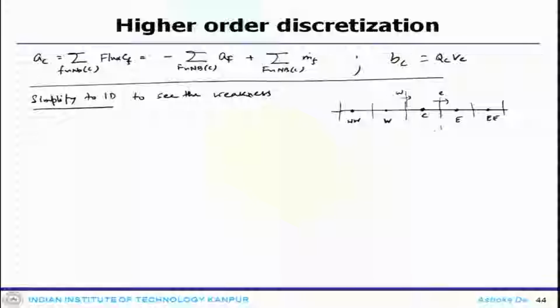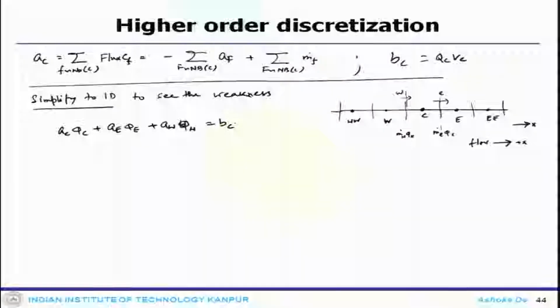Here it would be m dot E phi E, m dot W phi W. If you come down to that and assume the flow to be in the positive x direction, then this equation becomes AC phi c plus AE phi E plus AW phi W equals BC.